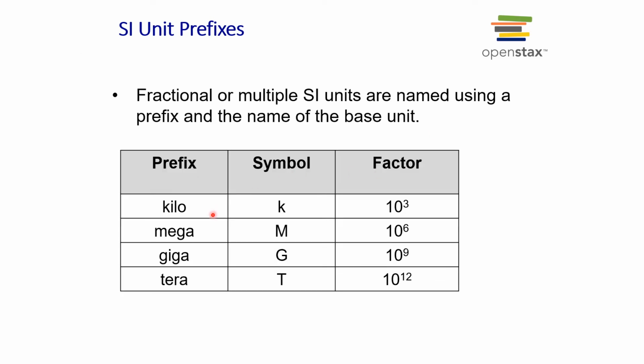And just like you can use prefixes to make very small, you can also use prefixes to make very large. Kilos, 10 to the 3rd. Megas, 10 to the 6th. Gigs, 10 to the 9th. Teras, 10 to the 12th. And if any of you guys are used to computer terminology, the prefixes are the same.